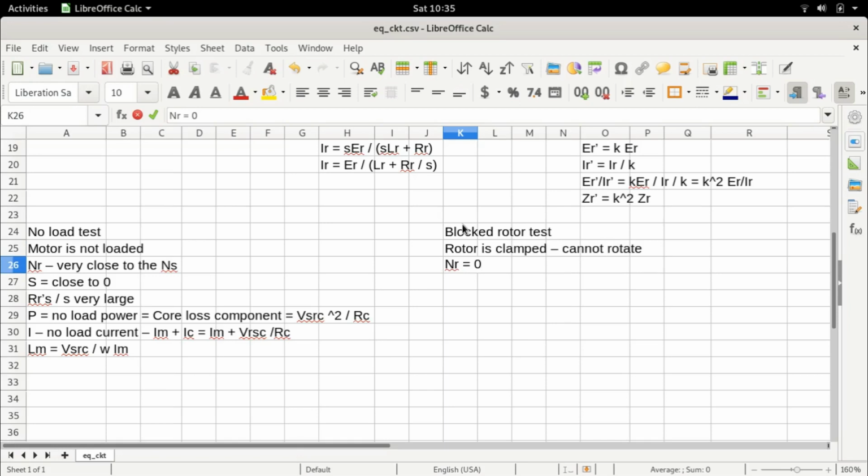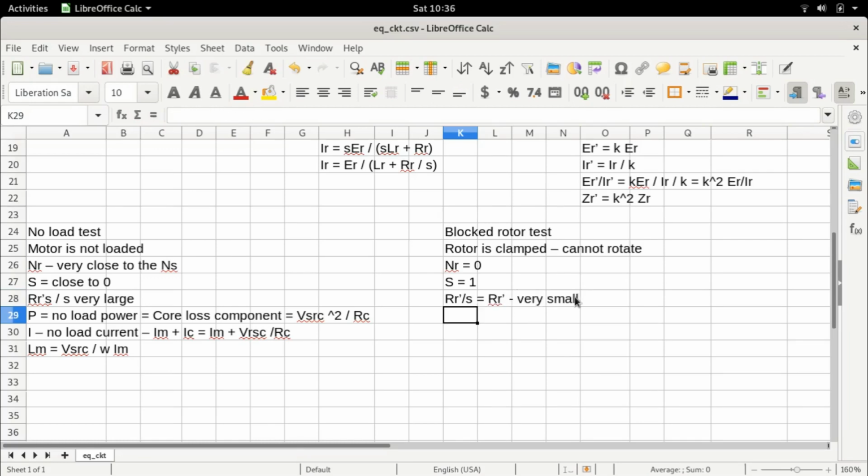The rotor cannot move, and because the rotor cannot move, s is equal to 1. And therefore, I'm just copying whatever is being done here, Rr dash divided by s is equal to Rr dash. And this is very small.